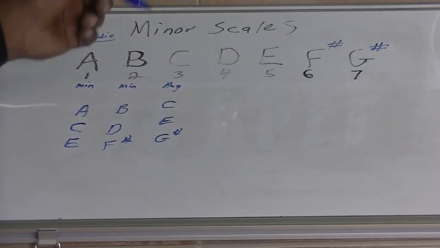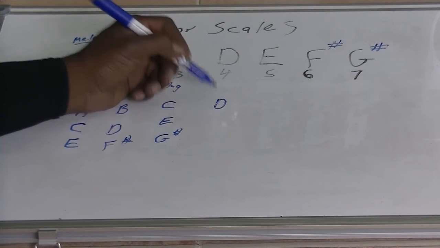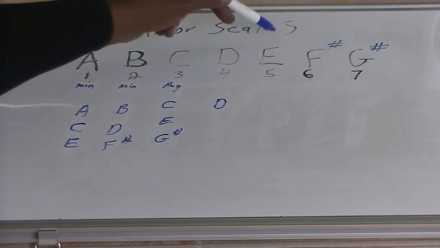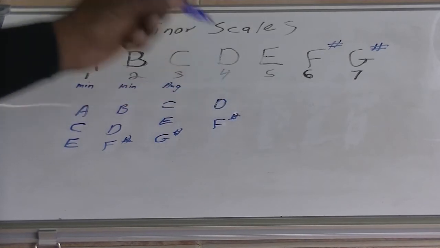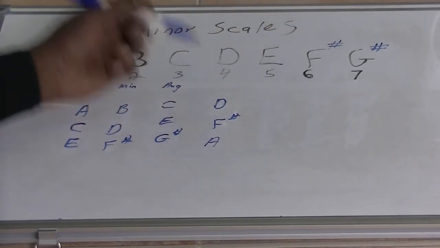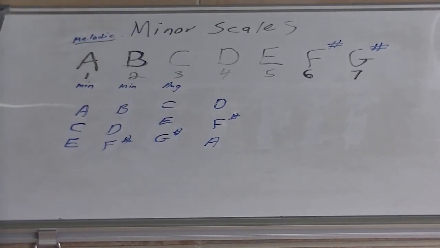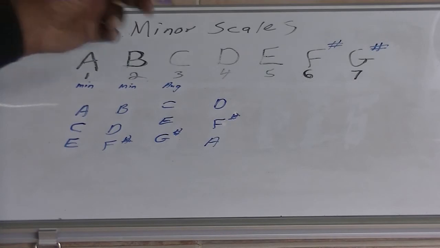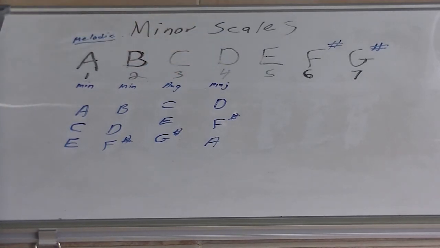So let's continue on. Let's take a look at the D. When we look at the D, we have the D note and we now have the F sharp note. And skip over that G sharp, we have the A. So now our notes are D, F sharp, and A. So what we have now is a D major triad.